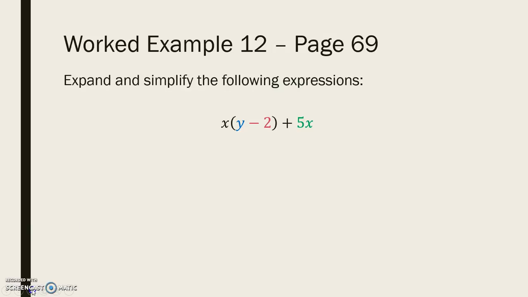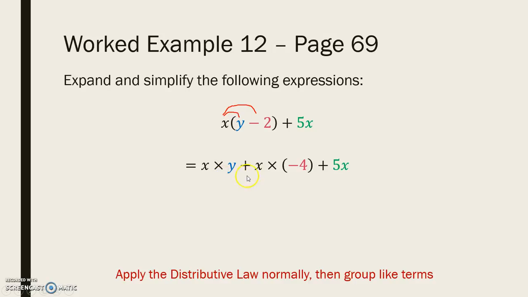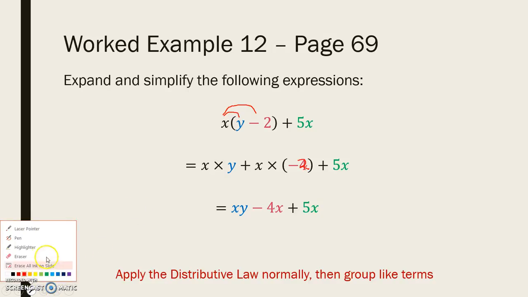Second example, same thing, use the distributive law first, multiply the x by the y and the x by the negative 2. So x times y is plus x times negative 2, that should be 2 there, plus 5x. So that should be 2x there.